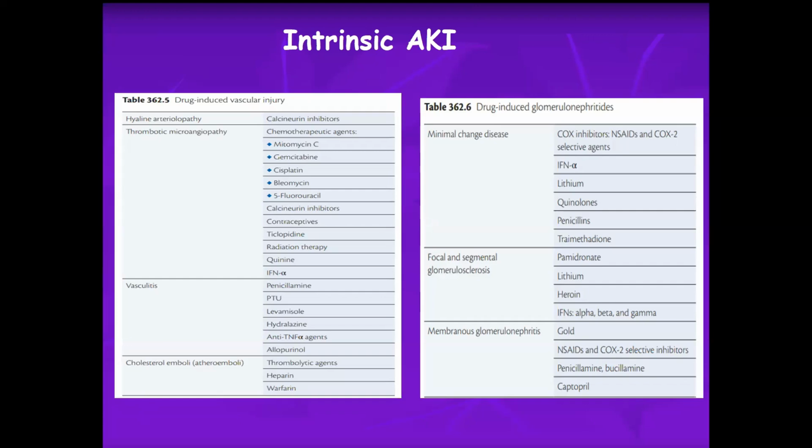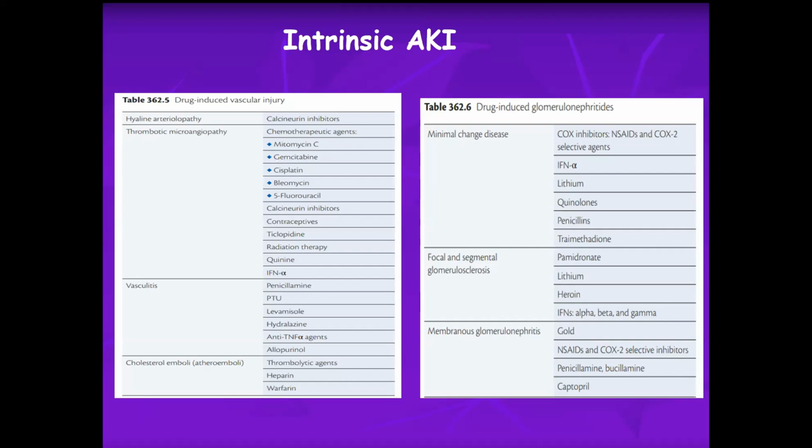So, and also the drugs that cause an acute glomerulitis, so either a nephrotic kind of syndrome. And the various drugs include your antibiotics like penicillin, quinolones, causing minimal change disease, and your COX-2 inhibitors as well.